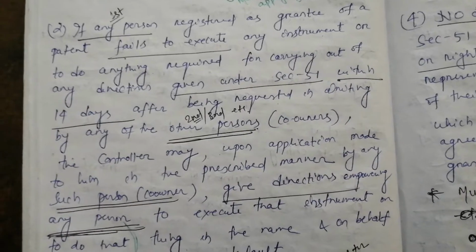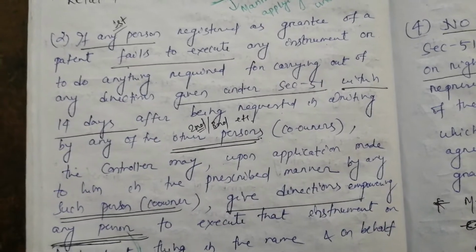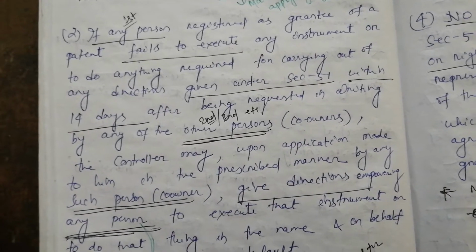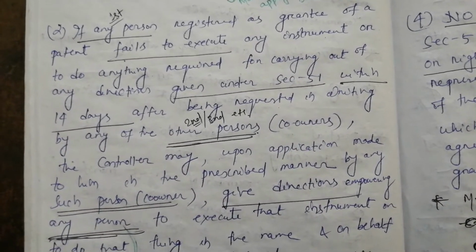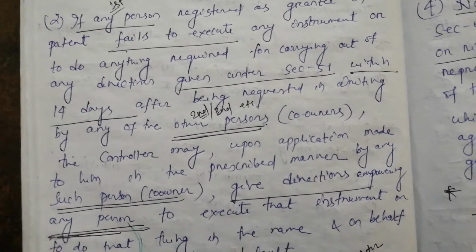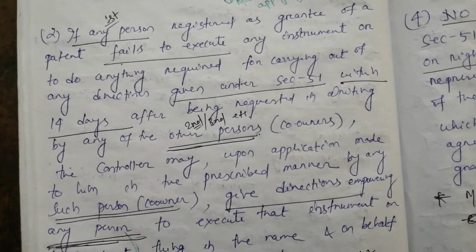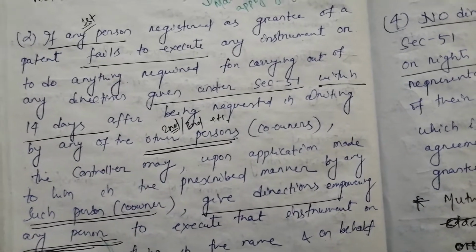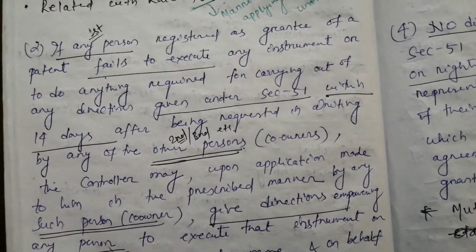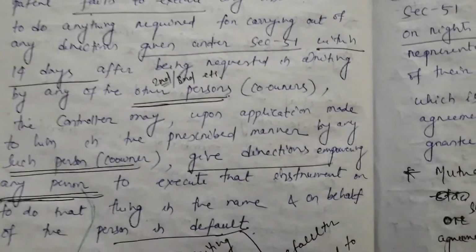So, between the co-owners, if one person, we can say the first person, fails to execute any instrument or to do anything for carrying out the directions given by the controller under Section 51 within 14 days after being requested by any of the other persons, that means any of the other co-owners besides him, he may be the second person, he may be the third person, any one person. Fine. So, then what does a controller do?